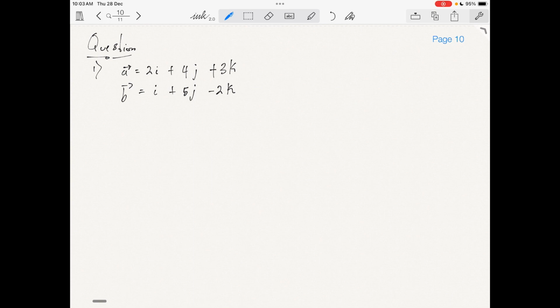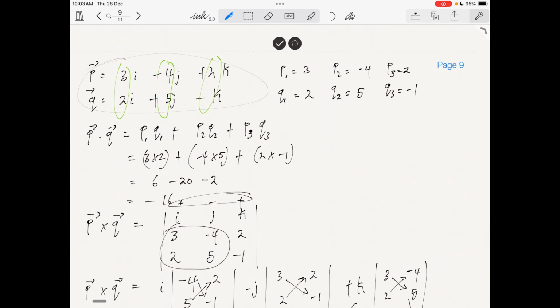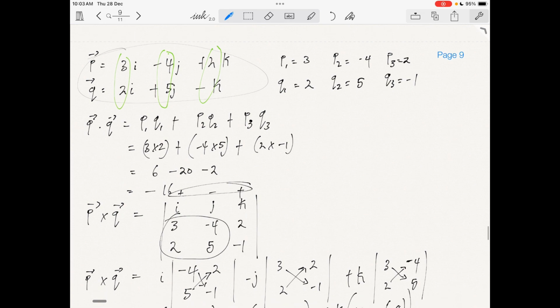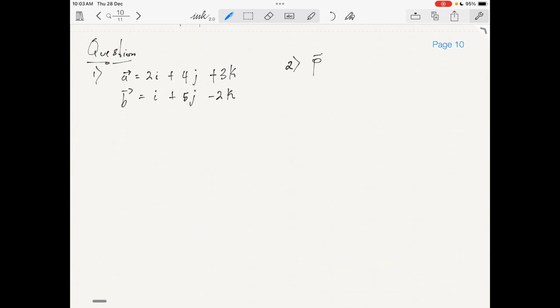And for question 2, we have P is equal to 3i minus 4j plus 2k, and Q is equal to 2i plus 5j minus k.